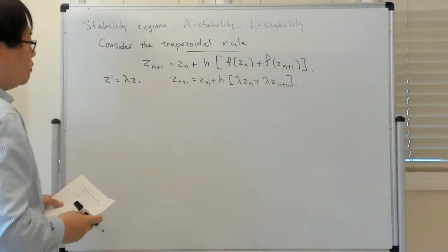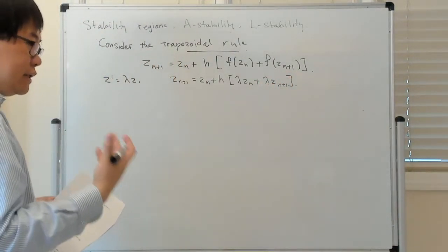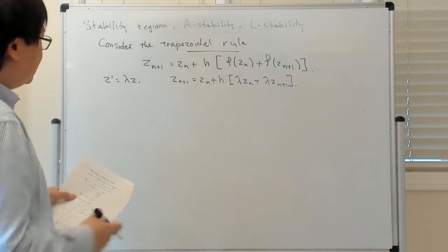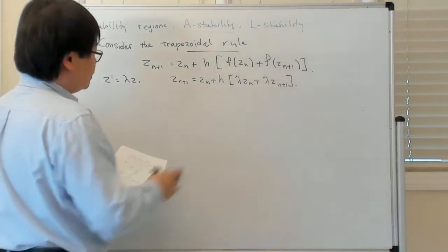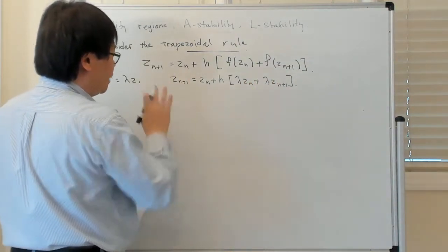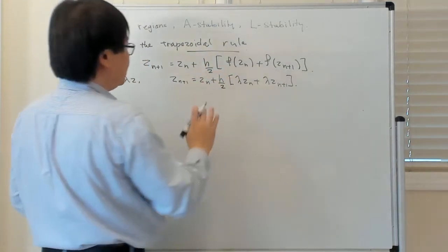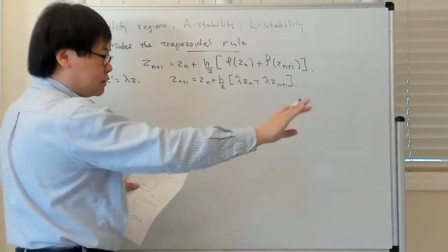Okay, and I want to see how Zn plus 1 can be expressed as some multiplicative factor applied to Zn. All right, so I'm going to take the Zn plus 1 term to the left, and then, sorry, there's an h over 2, and then keep the Zn terms on the right.